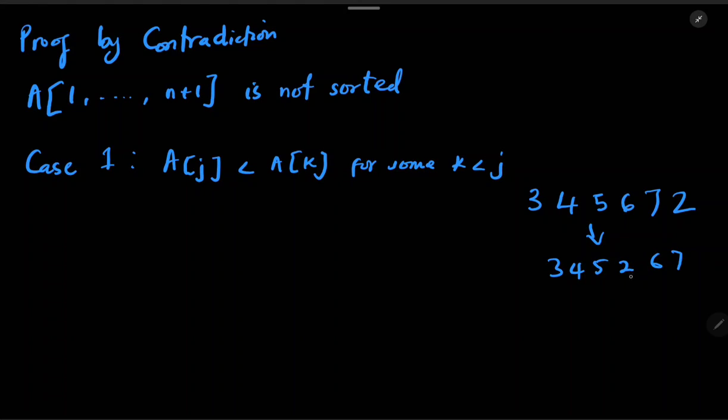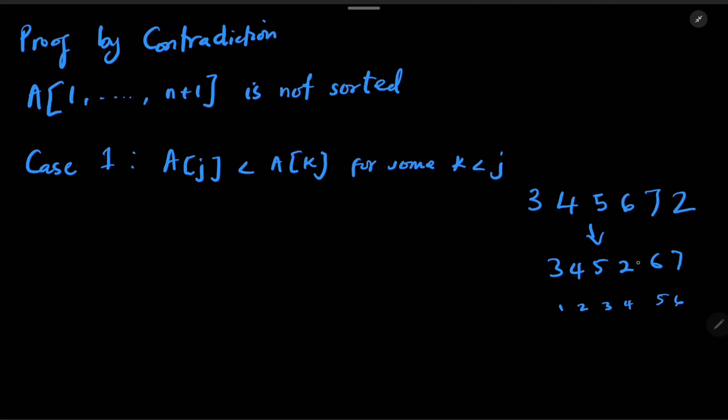But at the position where the algorithm has left 2, 3, 4, 5 is greater than 2, which shouldn't be so. Think about it like this. Let's say that this is positional now: position 1, 2, 3, 4, 5, 6.